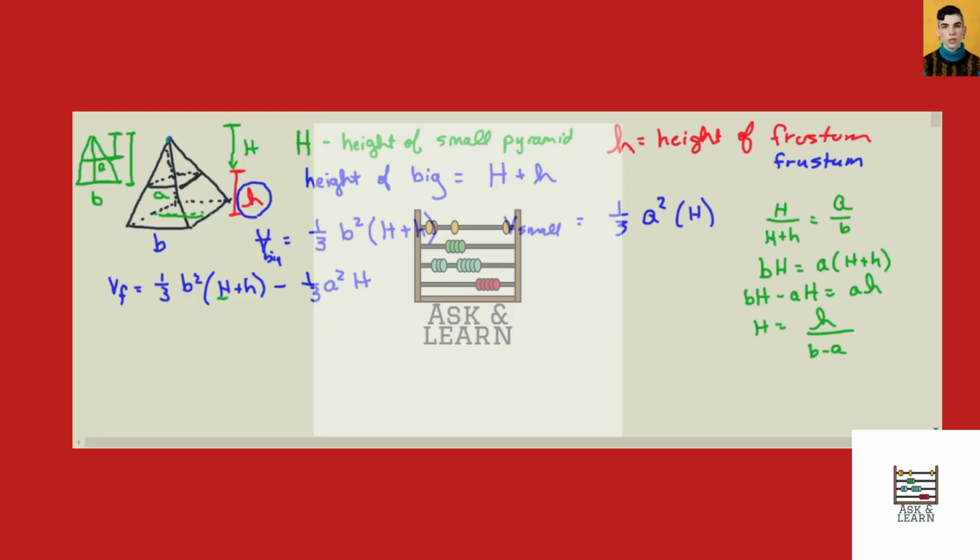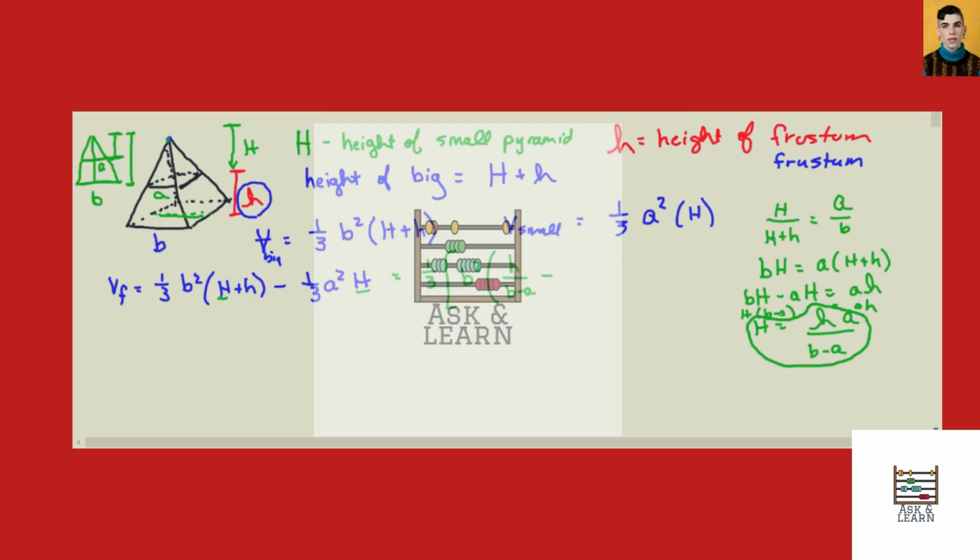So I replace both of the big H's with that. I'm going to factor out the 1/3 and leave it outside. I have B squared times big H minus, oops, wait a minute, I forgot the A. I get little h times A divided by B minus A. I factored out an h and made this B minus A times H equals A little h, and divided by the B minus A to get this right here. Got a little crowded.